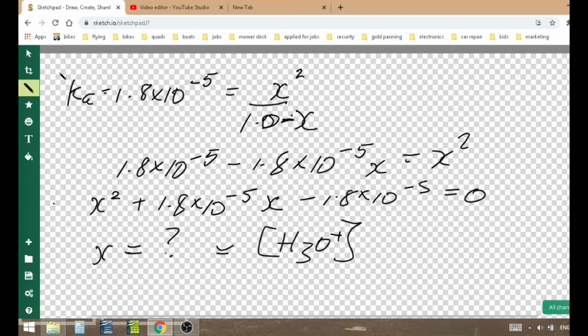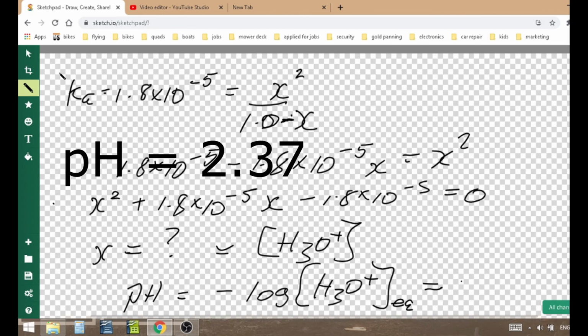Whatever number you come up with, we have the pH is equal to the negative log of the hydronium ion concentration at equilibrium. And you're going to get some pH, which is probably somewhere around pH 2 or pH 3.